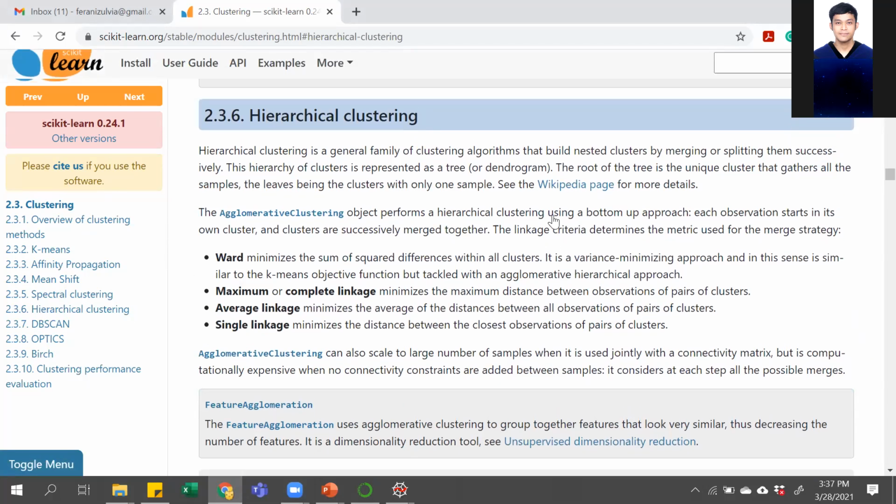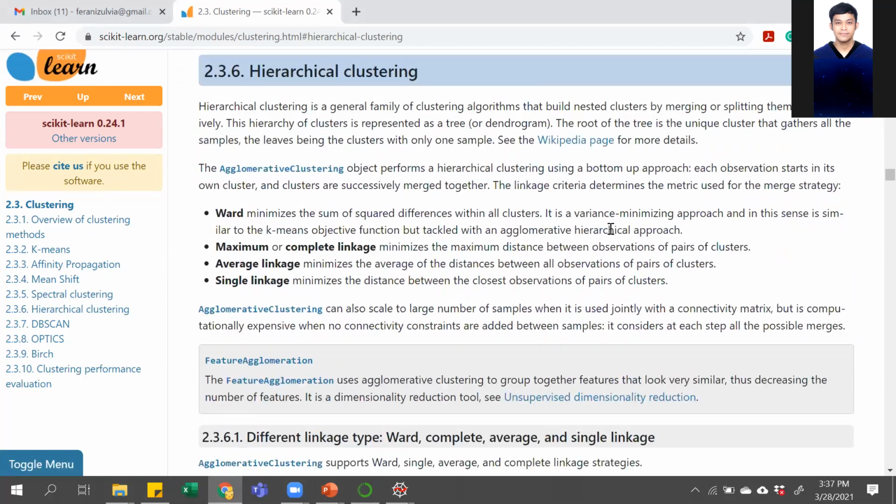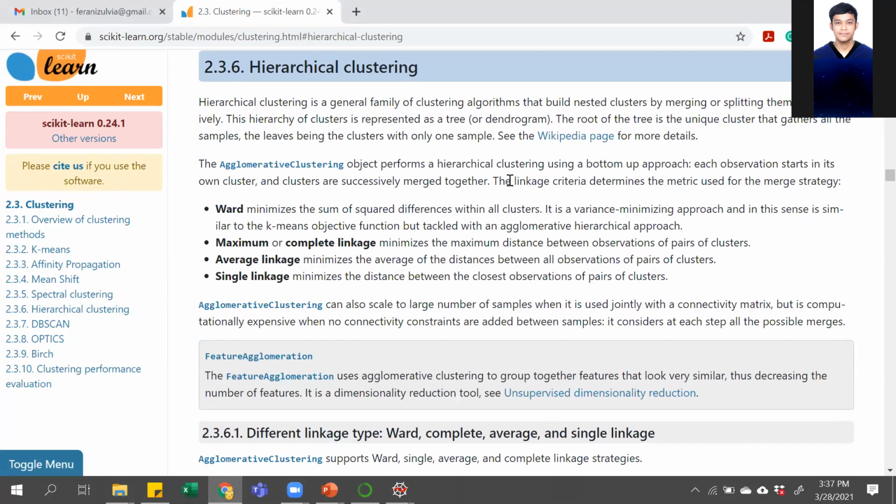For the linkage or the proximity matrix, they provide Ward, maximum or complete linkage, average linkage, and single linkage. So if the Python documentation gives information about this, hopefully you know already which one you want to use.